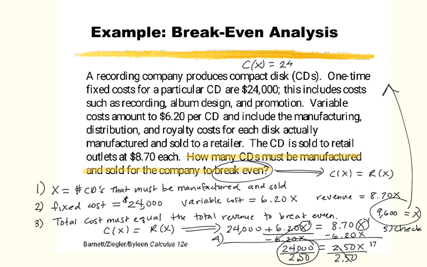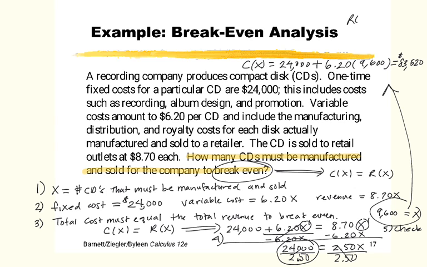So the cost is 24,000 plus $6.20 times 9,600. Okay, and so this will give us the value of our total cost. Okay, and so this gives us a total of $83,520 to represent our total cost.